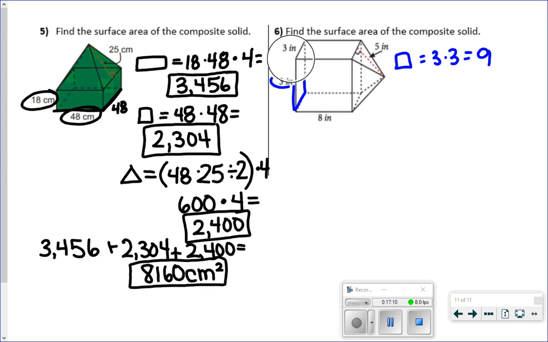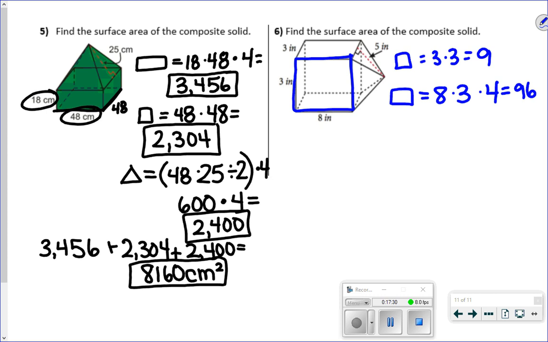They're all going to be the same since the base is a square. So here's one rectangle. Find the area for that rectangle. I'm going to do 8 times 3. And then I'm going to do that times 4 because I have 4 of those size of rectangle. That's going to give me an area of 96.